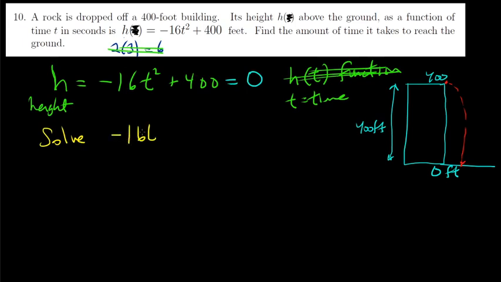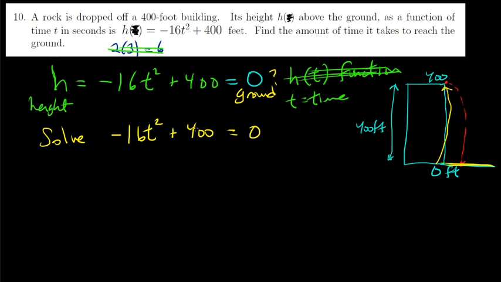So we just have to solve this equation: negative 16t squared plus 400 equals 0. Again, why 0? Because that's where the ground is. We're measuring feet above the ground. So 400 feet is the top of the building. That means it's 400 feet over solid ground, right?